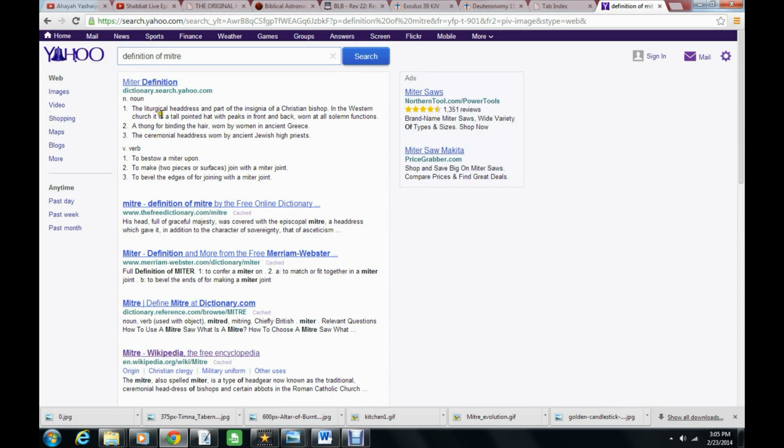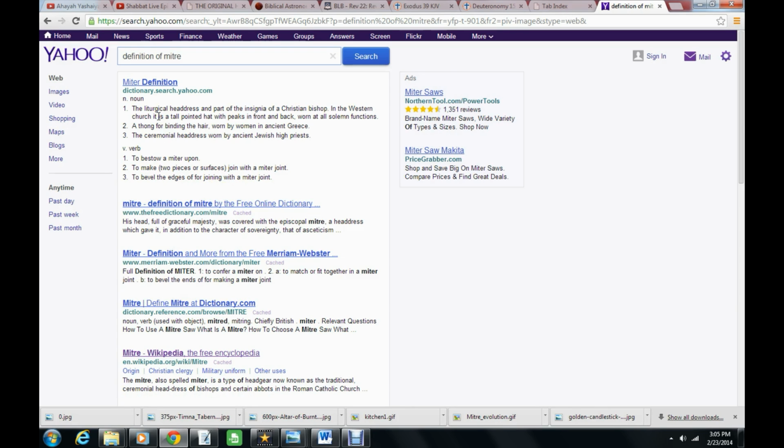So a mitre is a headdress; his head, full of graceful majesty, was covered with the episcopal mitre. They say it means to bestow a mitre upon, to make, to join with a mitre joint, to bevel the edges of for joining with a mitre joint.